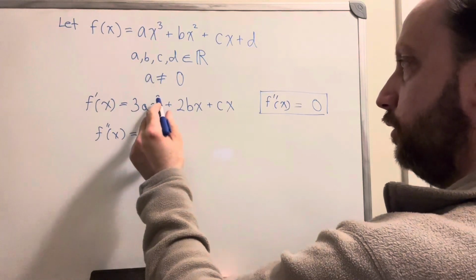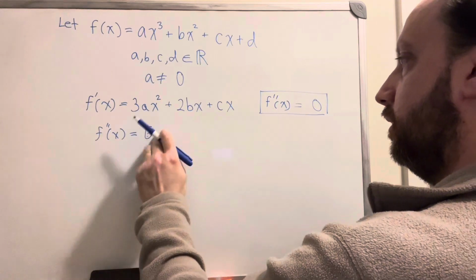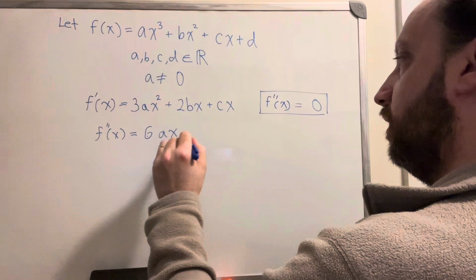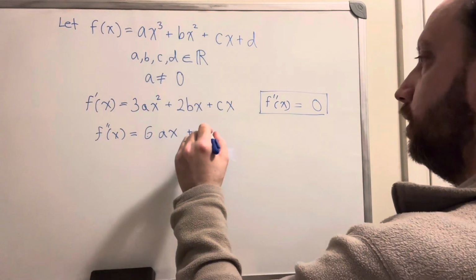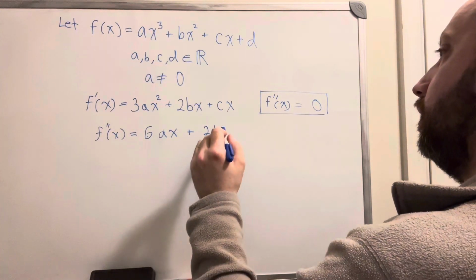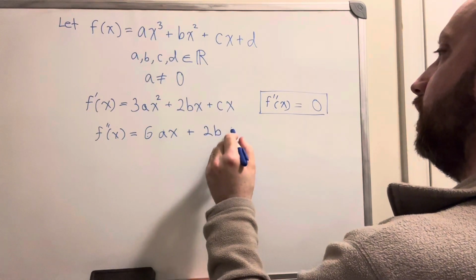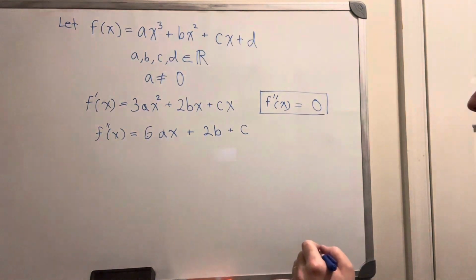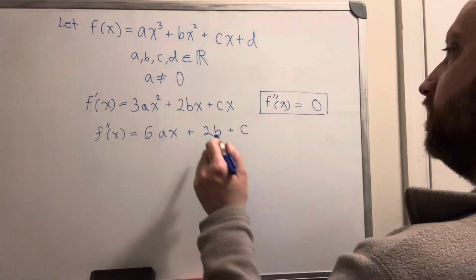This would be 2 times 3 times a is 6ax plus 2b. So 6ax plus 2b. Was that right?